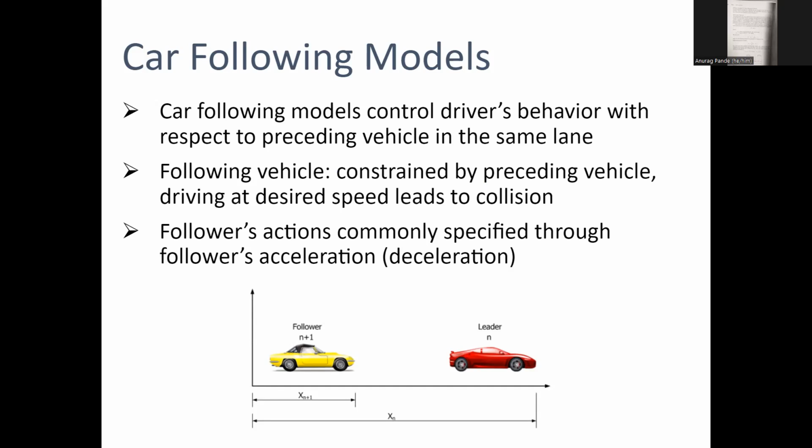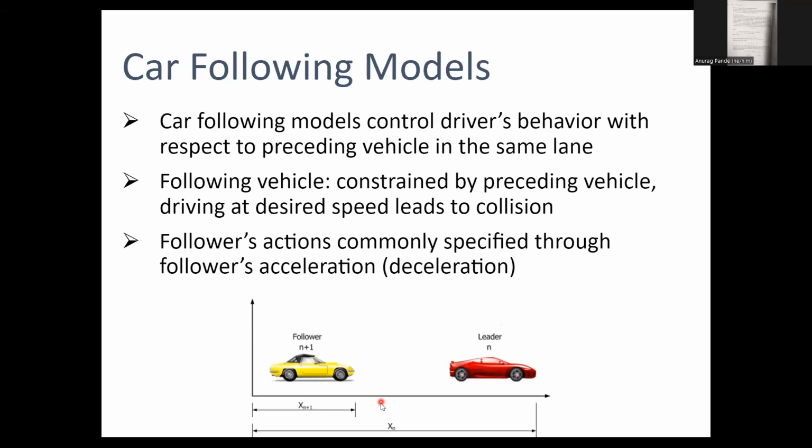The follower's action is commonly specified through the follower's acceleration or deceleration. So if you have the leader, we specify the location of the leader with the term xn. xn is the position of the leader. xn plus 1 is the position of the follower. And this is not quite a gap.